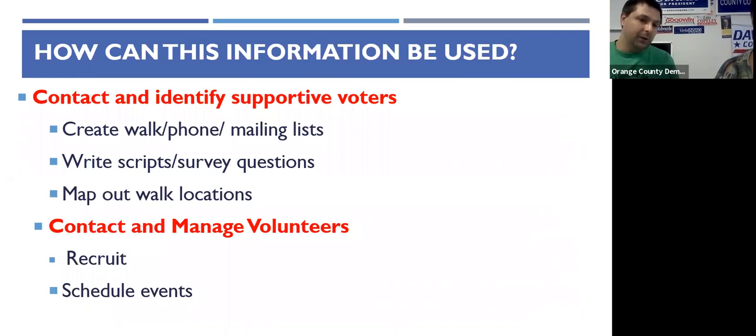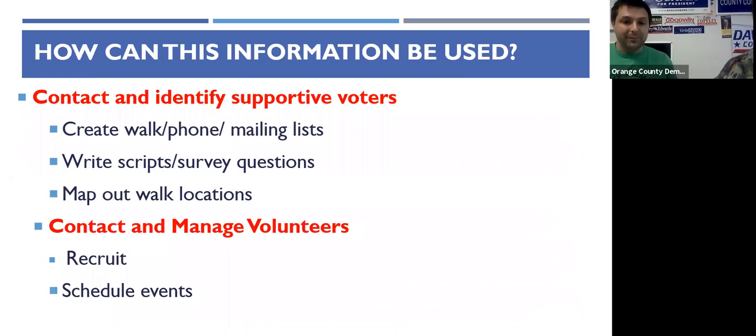You can use this information to map out walk locations for your canvassing team, or to make lists for phone banking. And you can also use it to contact and manage your volunteers. You can find recruits in the database. Anyone who has ever said they would be willing to be a recruit and it's been logged, you can just pull a list of all these people, and you can also use it to schedule events like phone banking and canvassing.